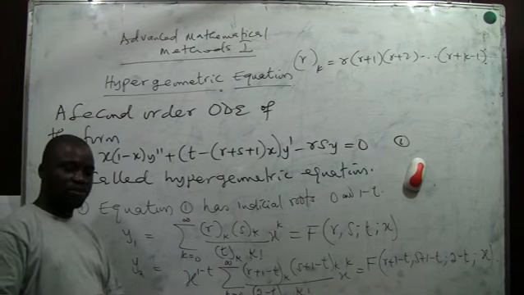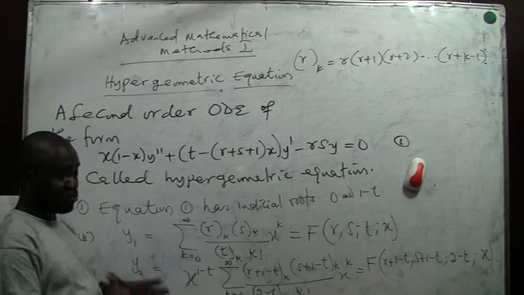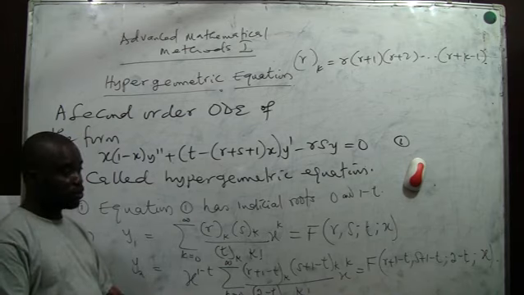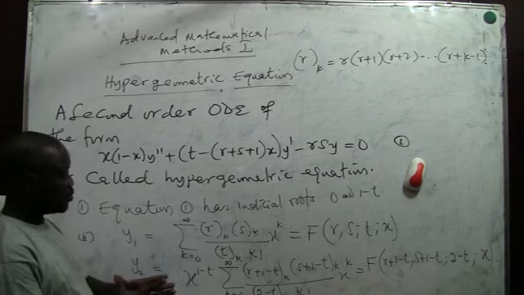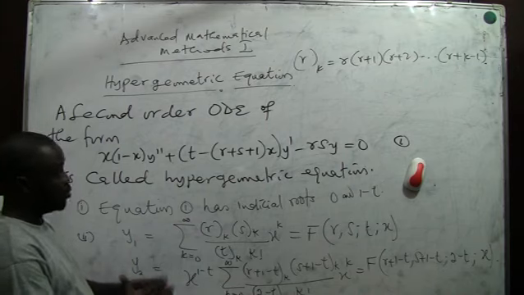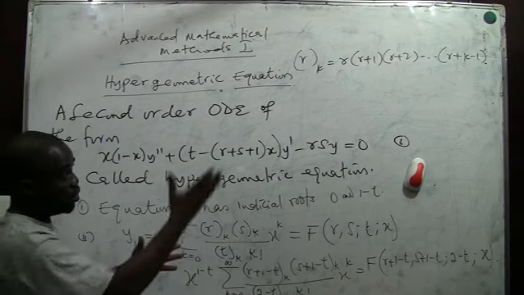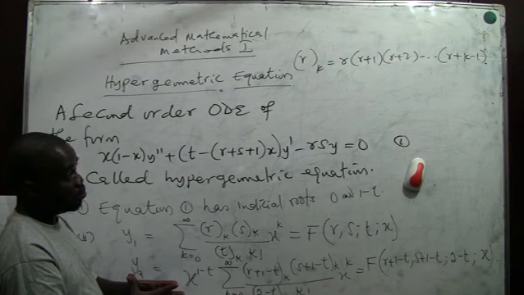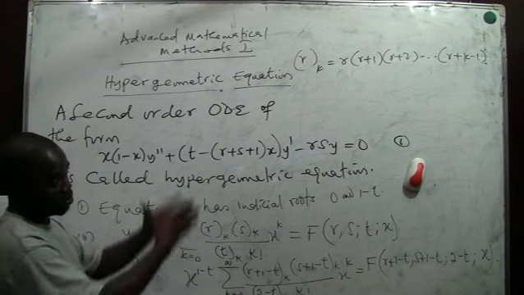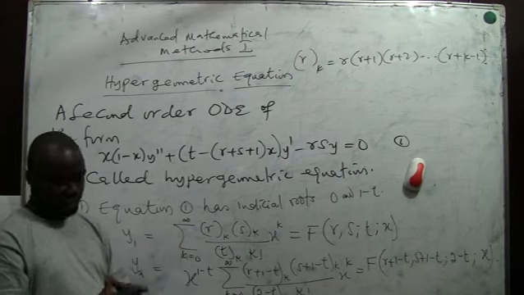As far as our class is concerned, I'll be using the term factorial notation instead of Pochhammer notation. They are defined the same way. The Pochhammer notation and factorial notation mean the same thing.